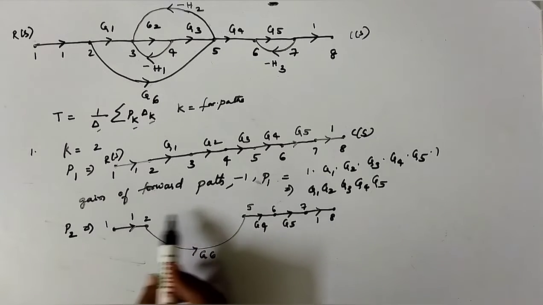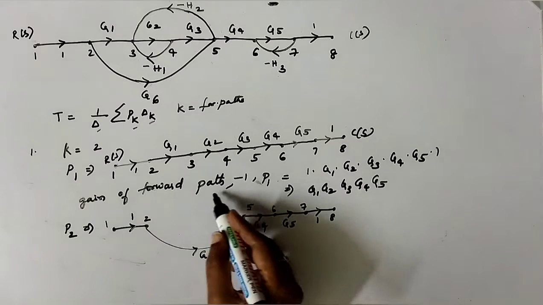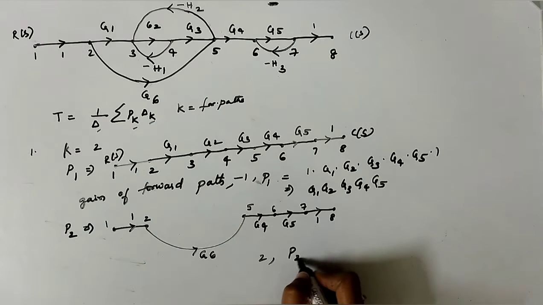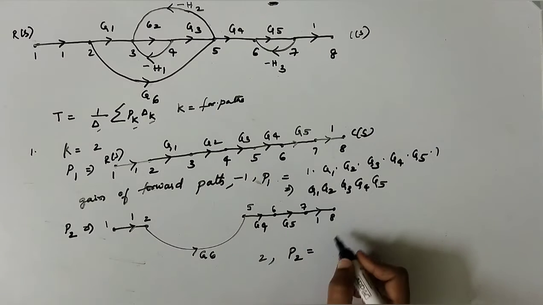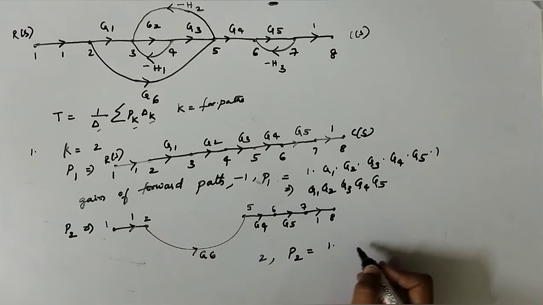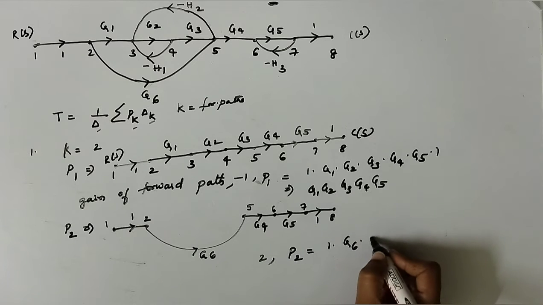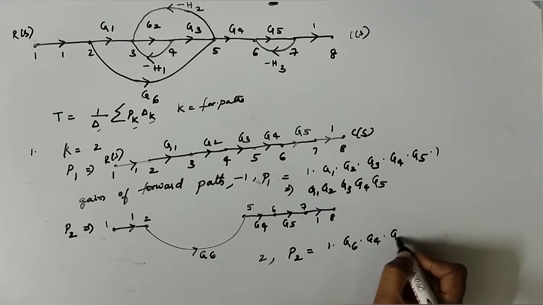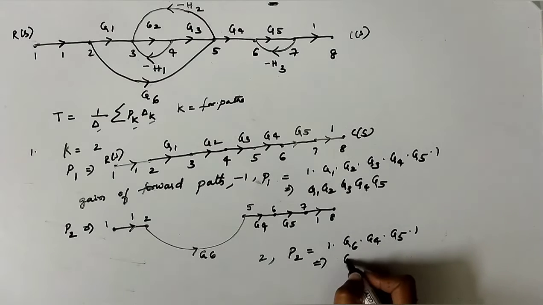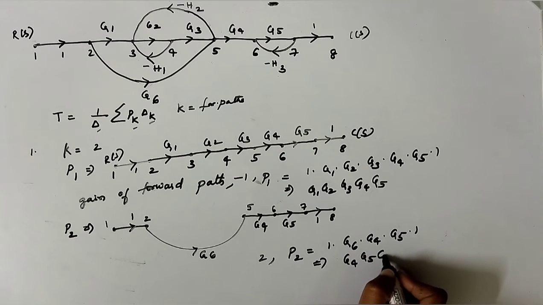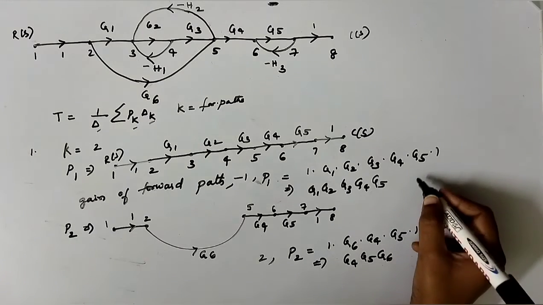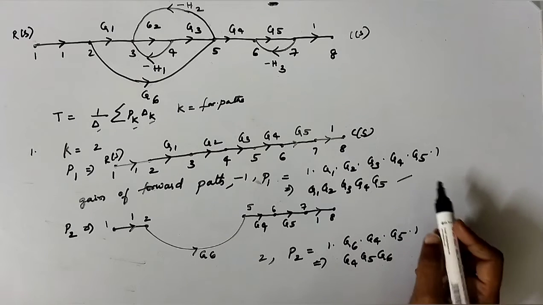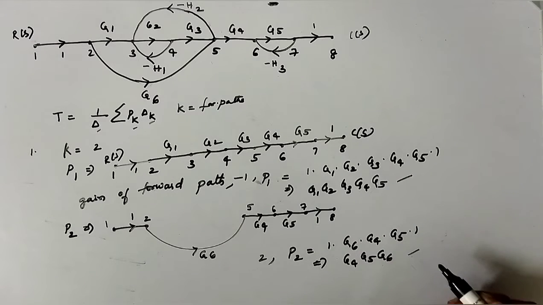The gain of forward path 2, P2 equal to 1 into G6 into G4 into G5 into 1. G4, G5 and G6. So you've got gain for path 1 and path 2.